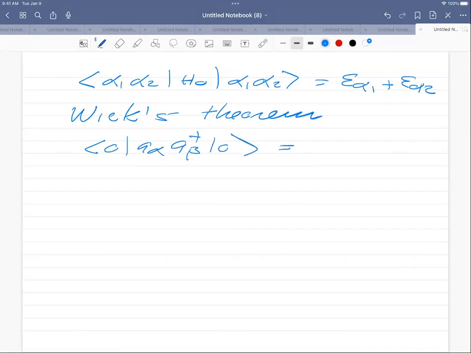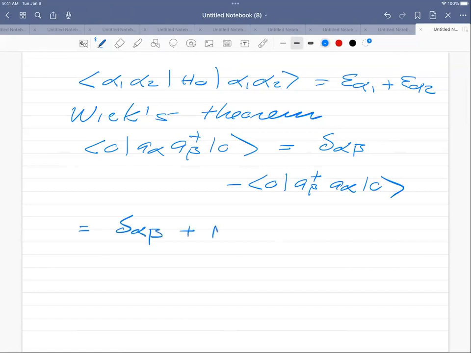This is the same as delta alpha beta, as we said yesterday, minus a term which we know is equal to 0, an A beta, A alpha of 0. What we did was to rewrite this in a specific way, in terms of a delta alpha beta plus something which we call the normal ordering.